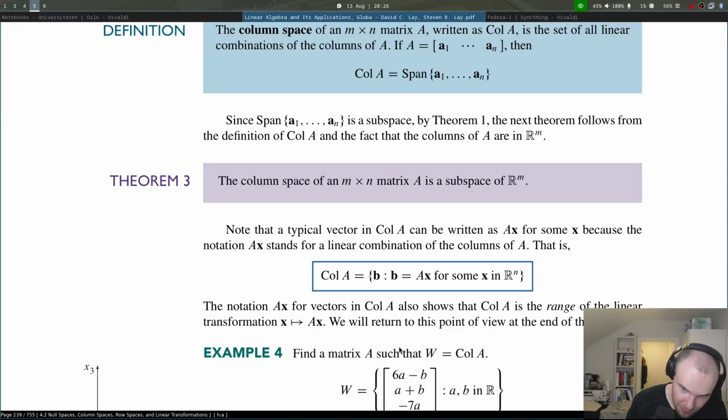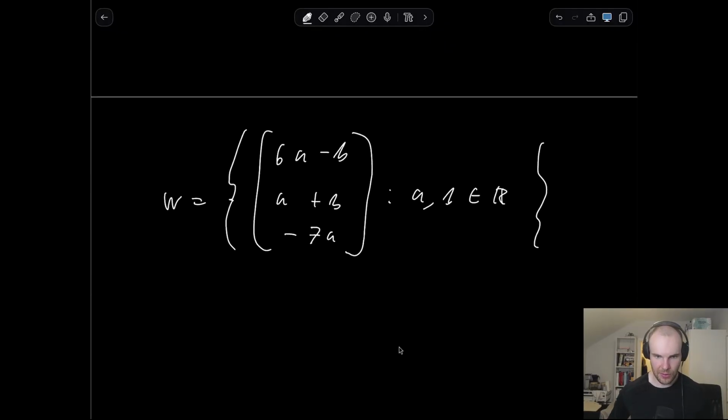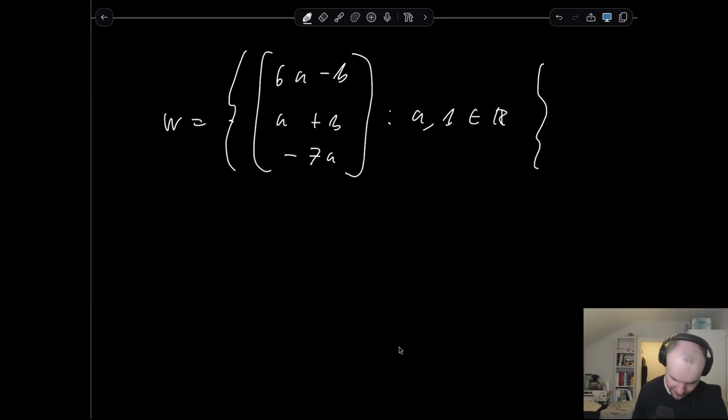So we have W as the set of 6a minus b, a plus b, and minus 7a, where a and b are in R. We want to find a matrix A such that this satisfies Col A. Let's see if we can find a matrix A. The first thing you do is write this a little more cleverly.